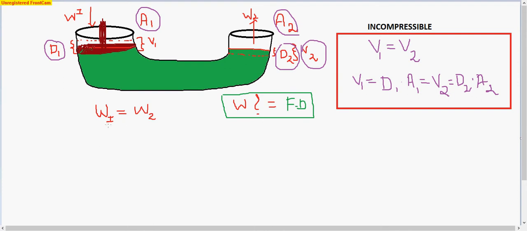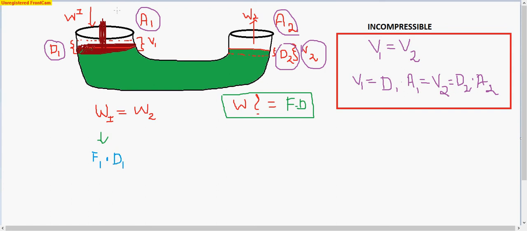Now what is W1? W1 is equal to, let's call it F1, since the force for W2 will be different, F1 into d1.